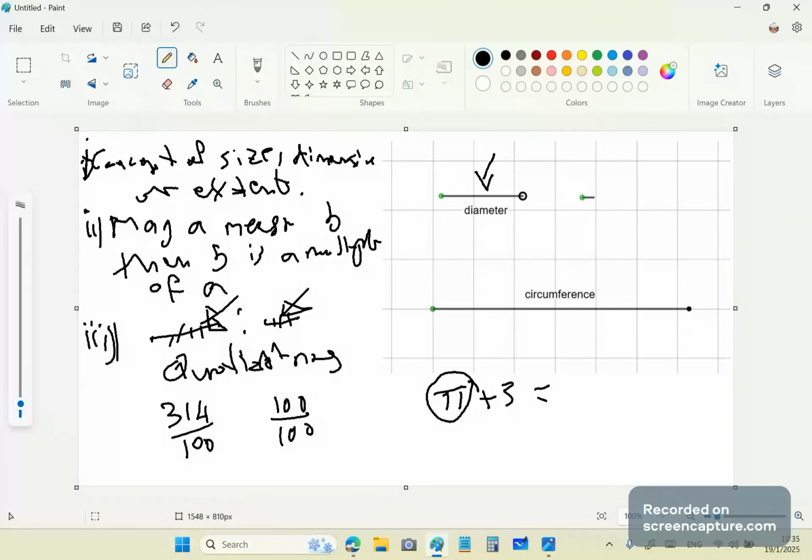Algebra sacrifices precision for generality. And so you think you're dealing with an irrational number, but you're not. You're dealing always with a rational number. There is no such thing as an irrational number. It's a myth, and it's not needed, by the way.